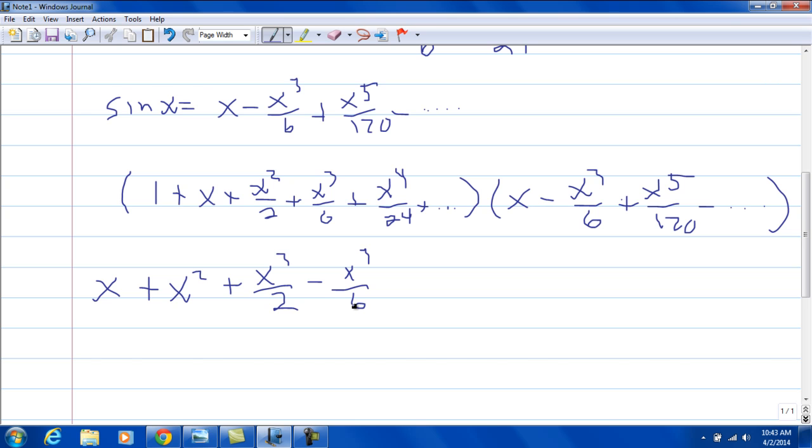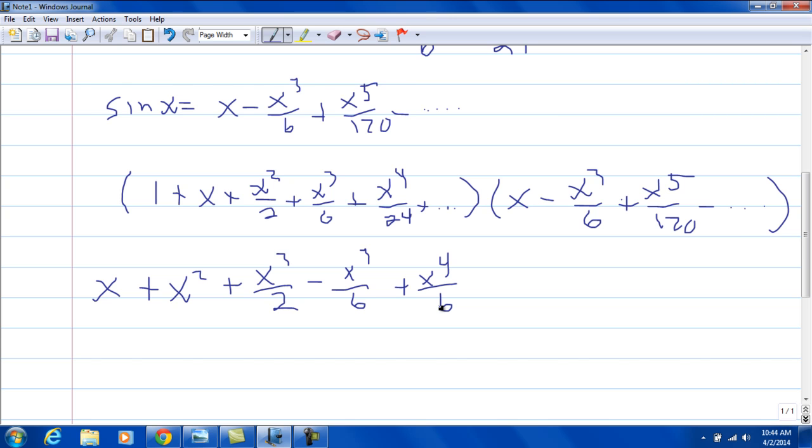Now let's look at x to the 4th. x cubed over 6 times x is x to the 4th over 6. I think there's one more way to get an x to the 4th.